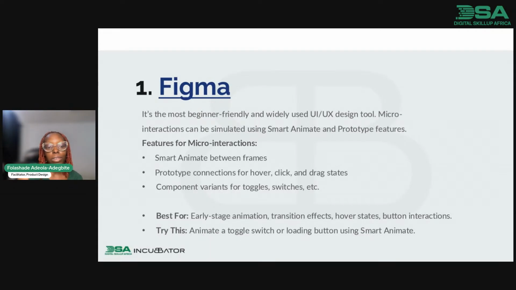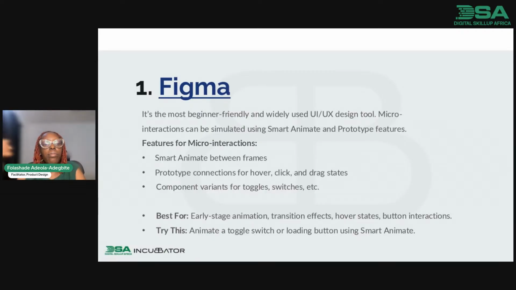So features for micro interactions: we have Smart Animate between frames, prototype connections for hover, clicked and drag states, component variants for toggle switches, etc. We are going to get to that part. We'll talk about basic design systems, so you understand how a design system works and how you build one. Those are the things we're going to teach you so that you understand how all these things work.